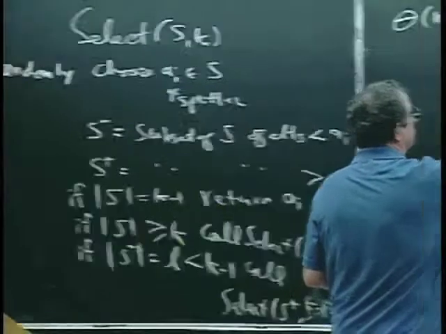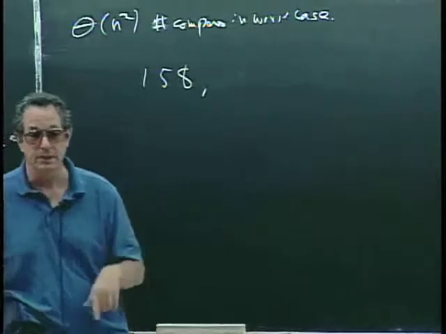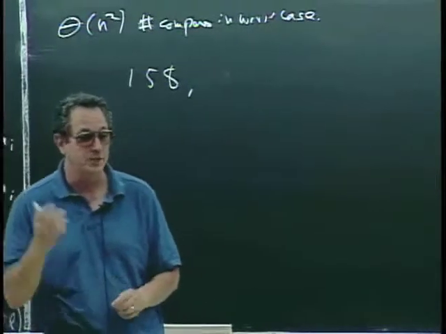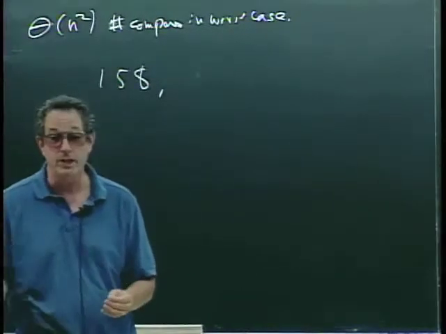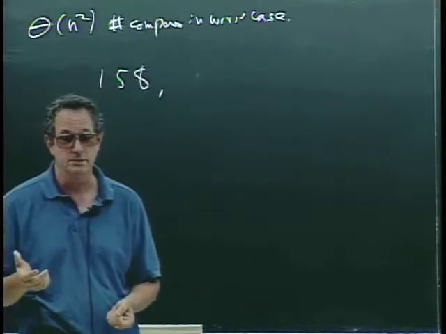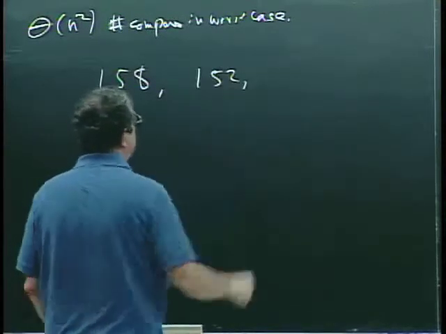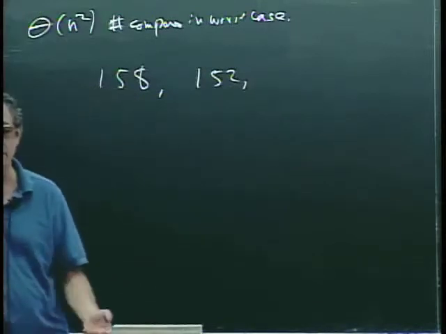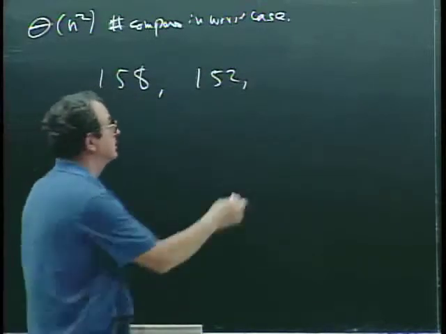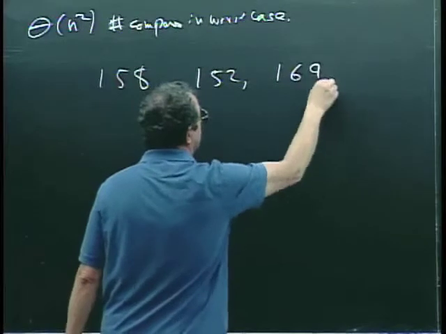158. It happens to be. 158 comparisons the first time I run it. Okay? Then I run it again with exactly the same data, and this time it's 152. And then I run it again with the same data, and it's 169.